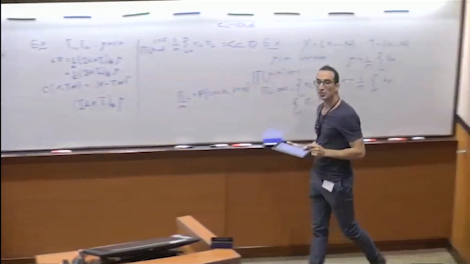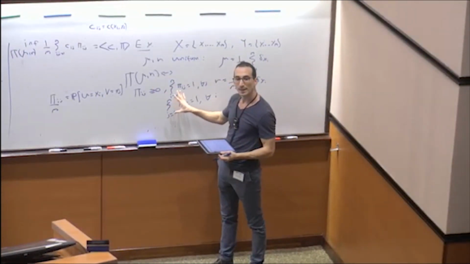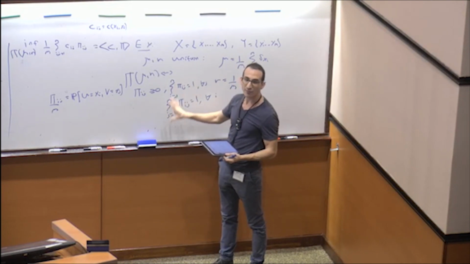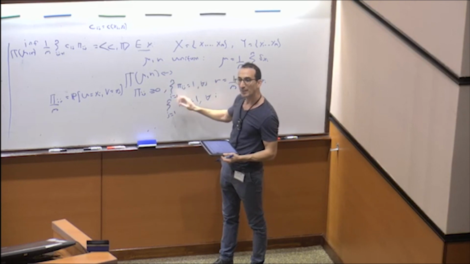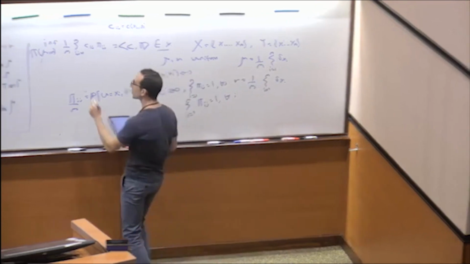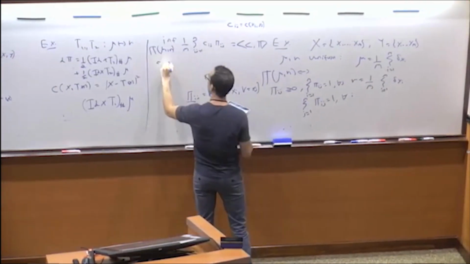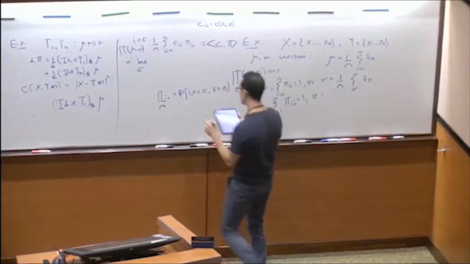Okay, so what are the extreme points of these type of matrices? They're permutation matrices. You can generate every matrix that satisfies this constraint by taking convex combinations of permutation matrices. So therefore, you can replace the infimum over the entire set just by the infimum over sigma, where by sigma we mean the permutation.